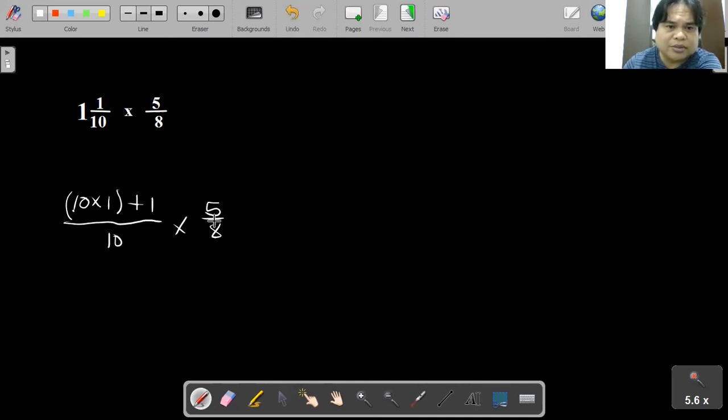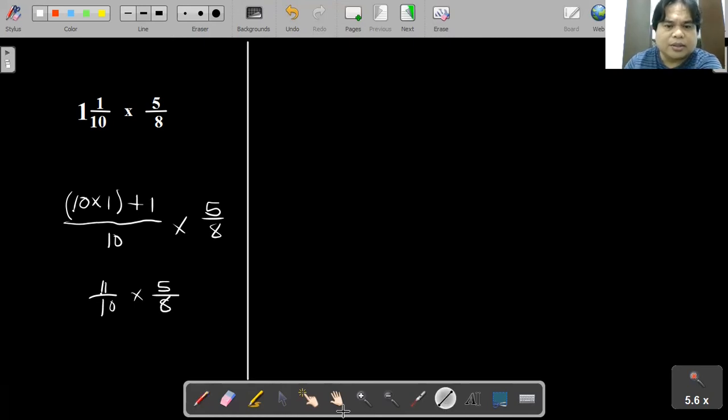That's the first thing to do. Then evaluate: 10 times 1 is 10, plus 1, you get 11. Then 11 over 10 times 5 over 8. Now that you have transformed the mixed number into an improper fraction, it is a lot easier to multiply the two fractions.